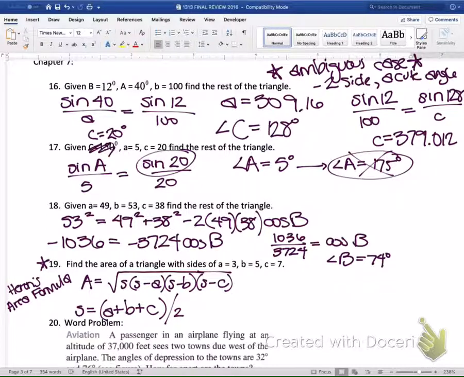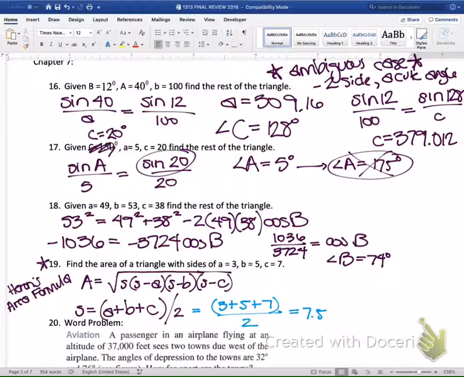So when you use Heron's area formula, the first thing you do is find this constant S by adding your three sides together and dividing by 2. So this gives me, for this particular problem, 7.5.